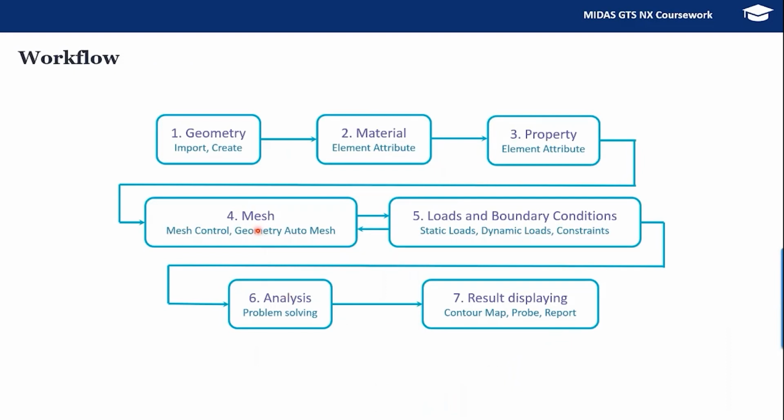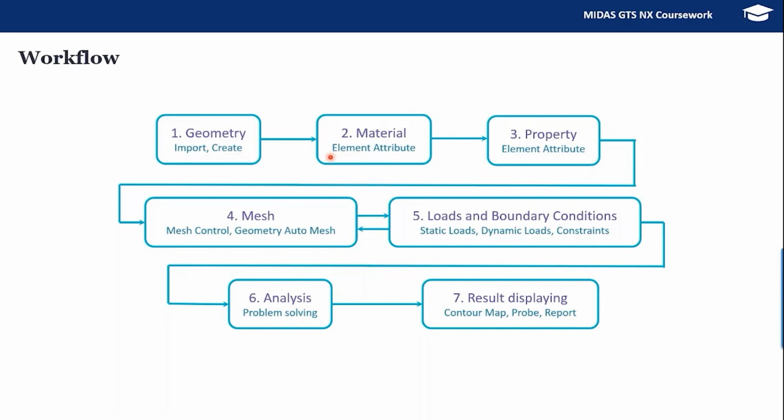This is the workflow that has to be considered in GTS NX, or this is a basic workflow in any finite element software as well. At first we need to model a geometry. Either you can import a geometry or create a geometry. In this current session, we are importing a building and then creating a geometry of soil. Since the building is completely imported, its material and corresponding properties will also get imported automatically.